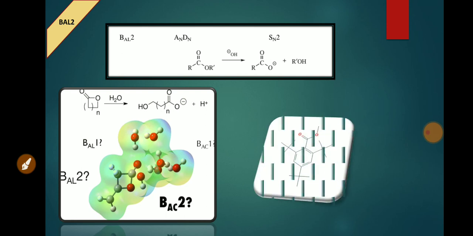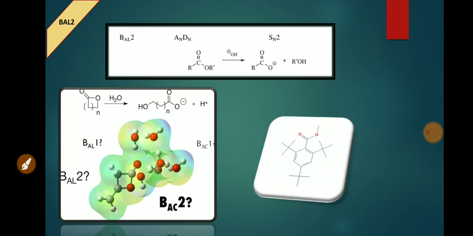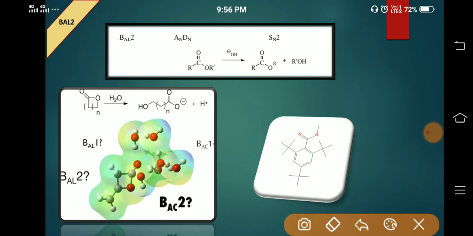Also it is observed in the alkaline hydrolysis of methyl 2,4,6 tri-tertiary butyl benzoate. I am unable to capture its 3D image, otherwise I can show you how sterically hindered it was.